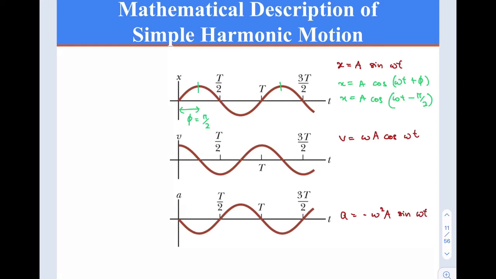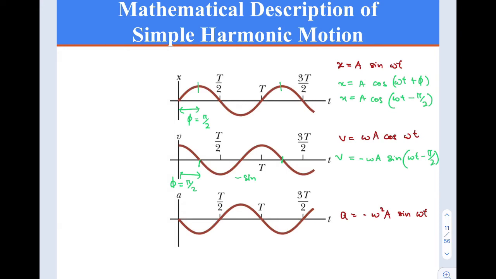Right. Then for V, we have omega A cos omega t. This is also equivalent to negative omega A sin(omega t minus pi over 2), right? So what does this mean? Negative of the sin function, and also delayed by pi over 2 of phi.